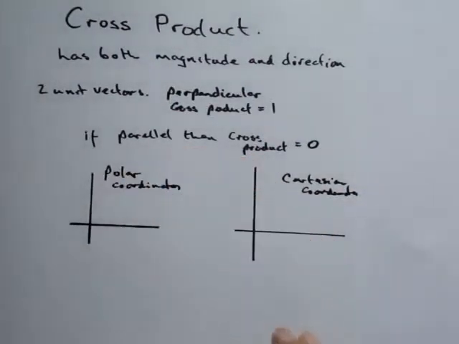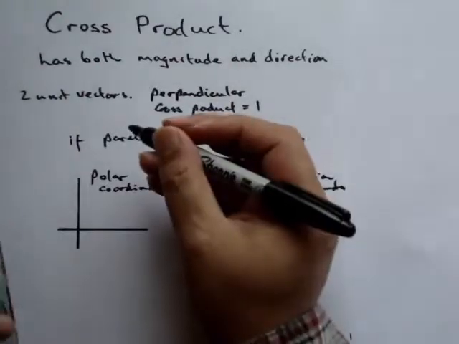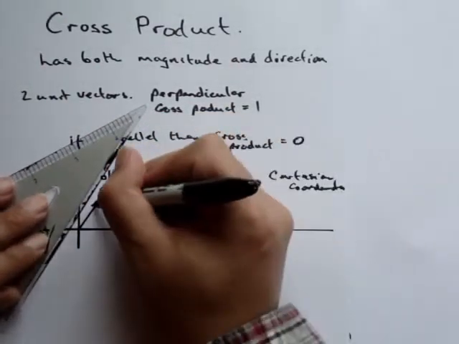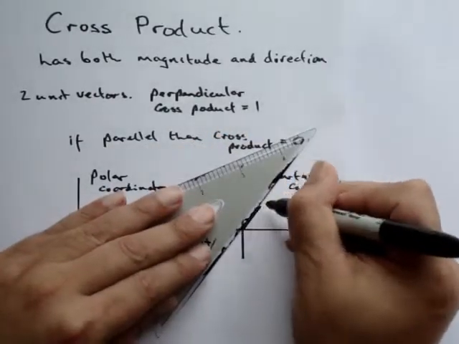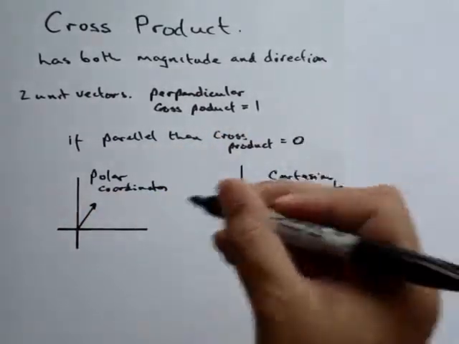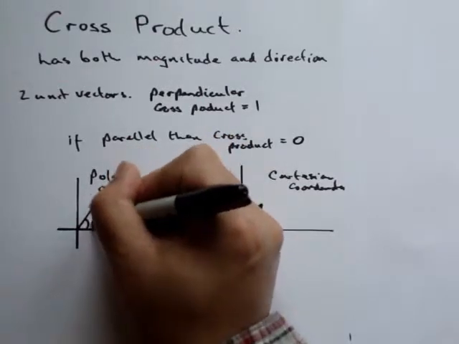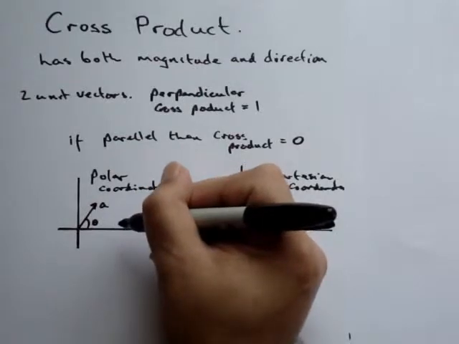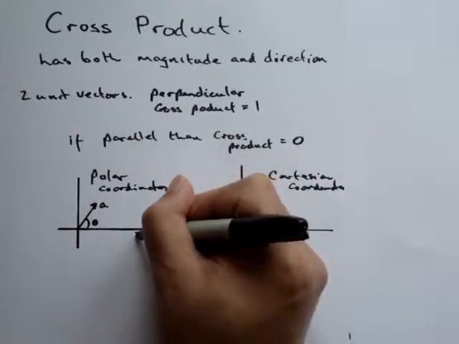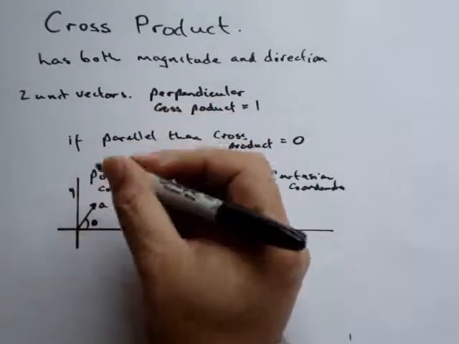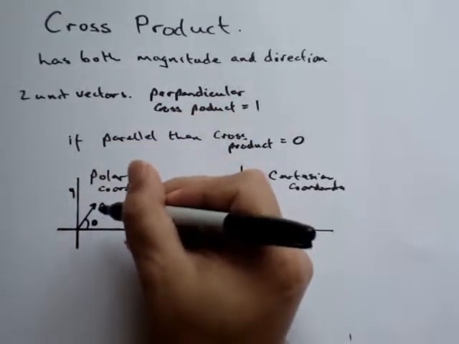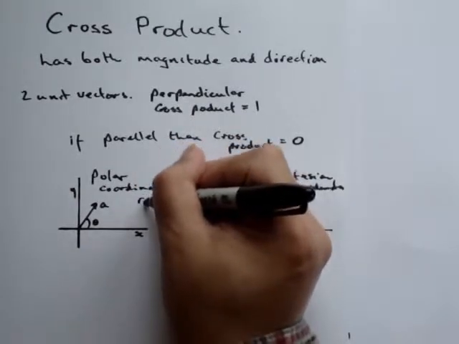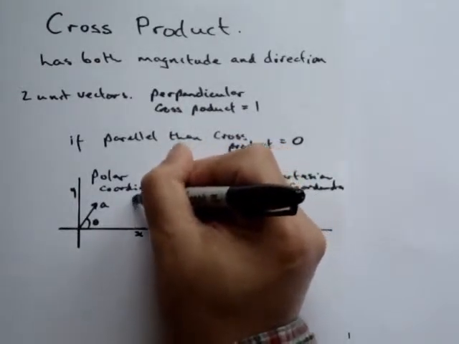We have a vector A in both cases, and our angle theta.